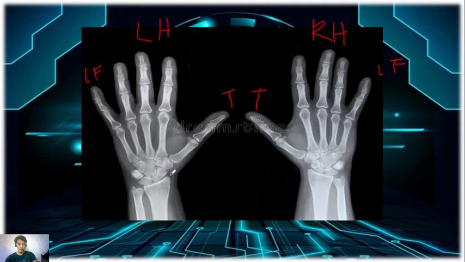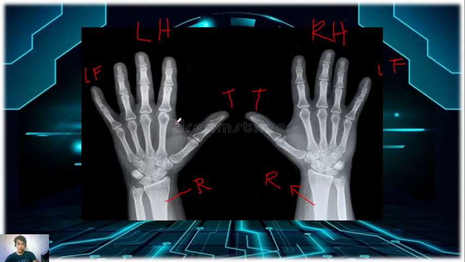It's also very important to know these two types of bones that we have in our hand. We have here the radial bone. Take note that the radial bone is aligned with the thumb. Same with the right hand: this is our thumb, and it is aligned with the radial bone.